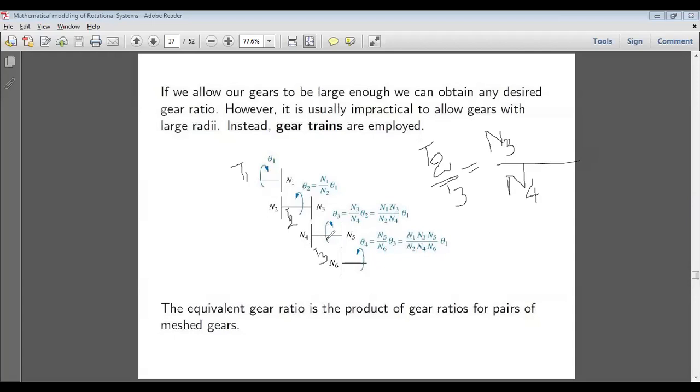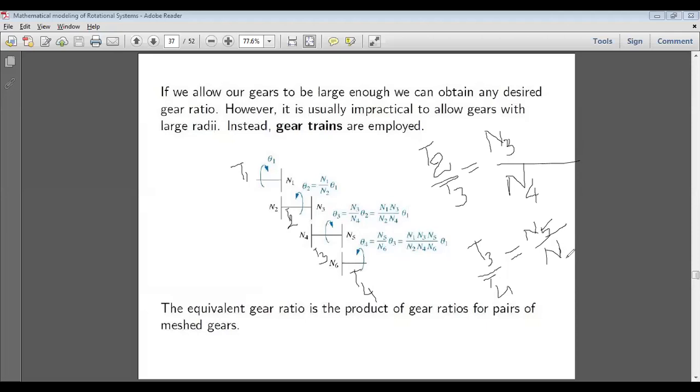Similarly, here, let us say I'm having T3, and I want to calculate the torque here. This is T4. What is the relation for this particular gear transfer? T3 divided by T4 equals N5 by N6, the number of teeth you have here.